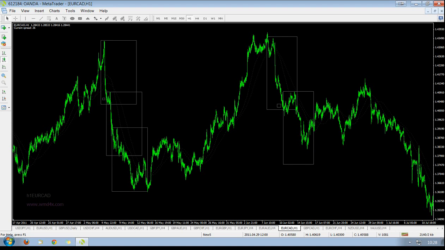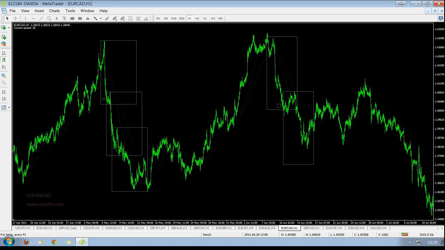Let's take another look at another example. This time it's on cable, and we're looking at the daily chart, and I just need to pull back a little bit. All right, so this is cable, and this is the daily chart, and here we might be able to identify a couple of structures.